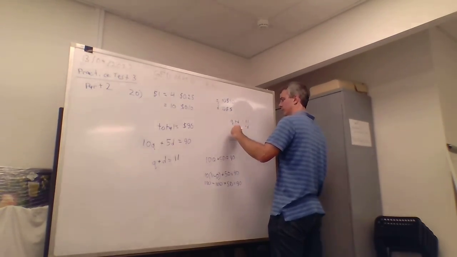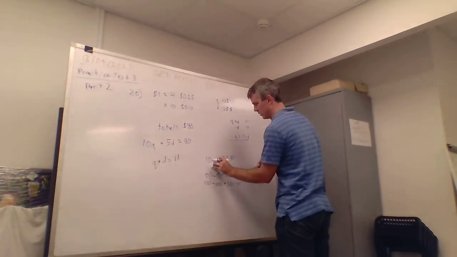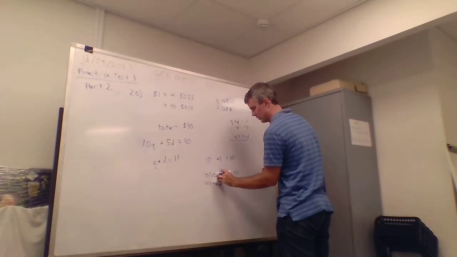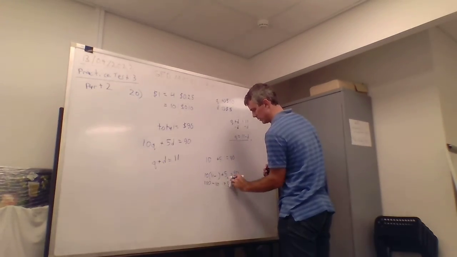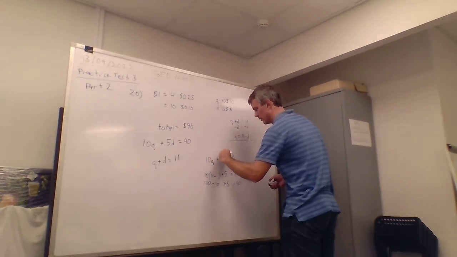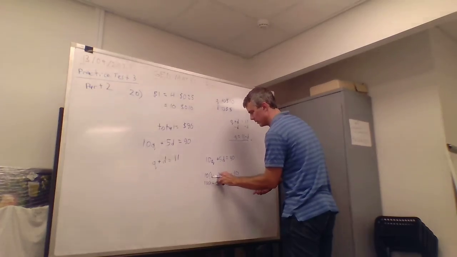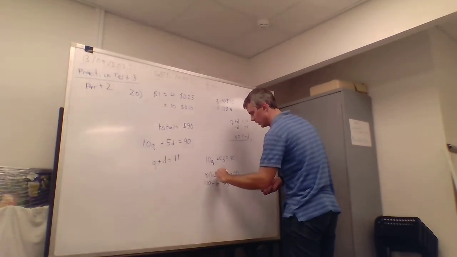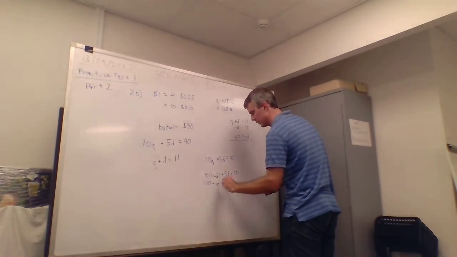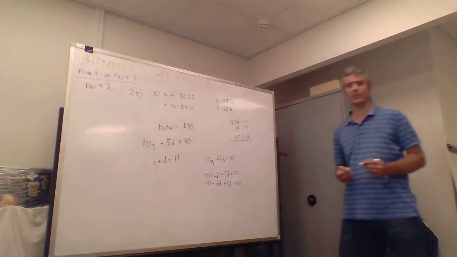So q equals 11 minus d. Is that easier to track?